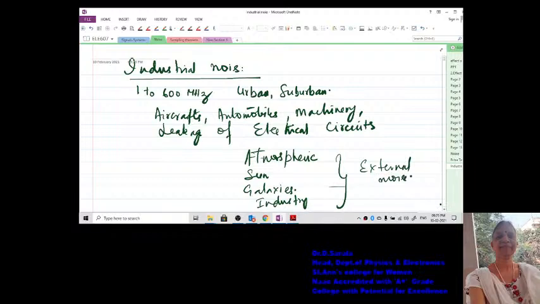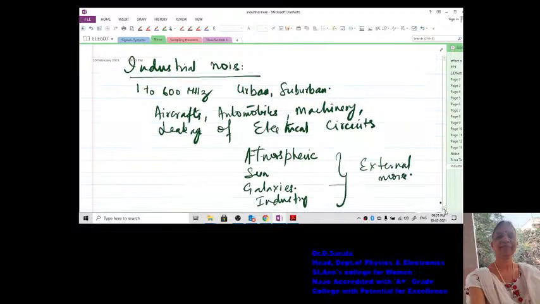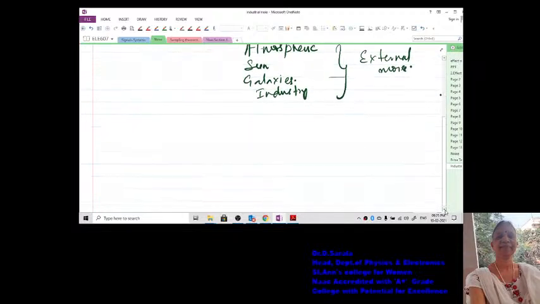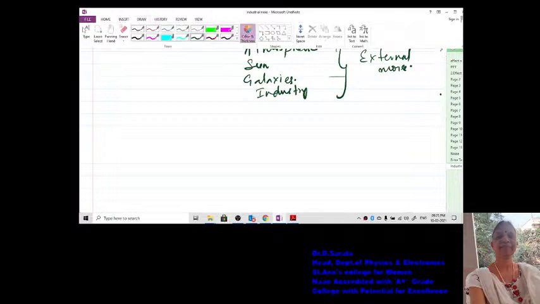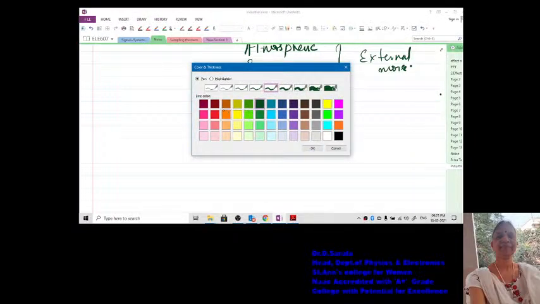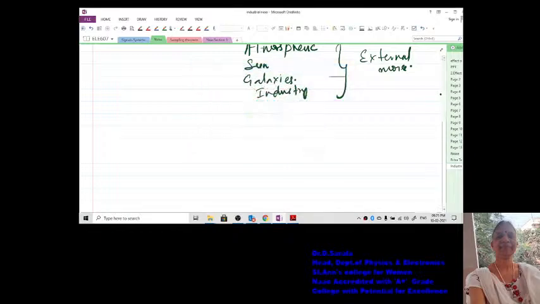They all come under external noise. Now let us discuss some internal noise. Under the heading internal noise, the noise is created by any of the active or passive devices.